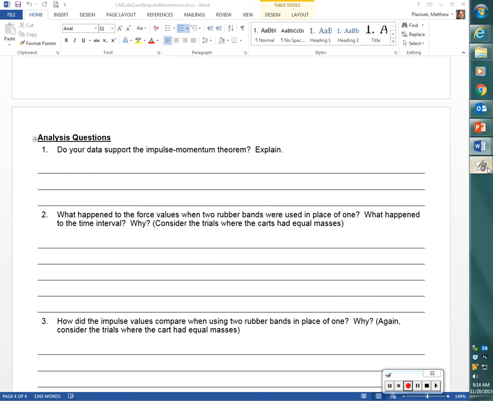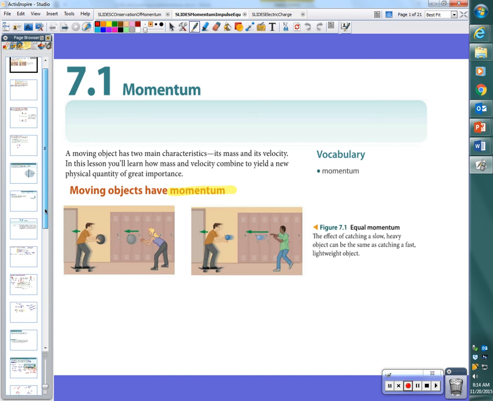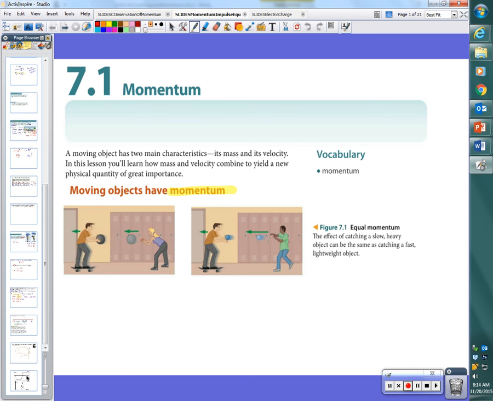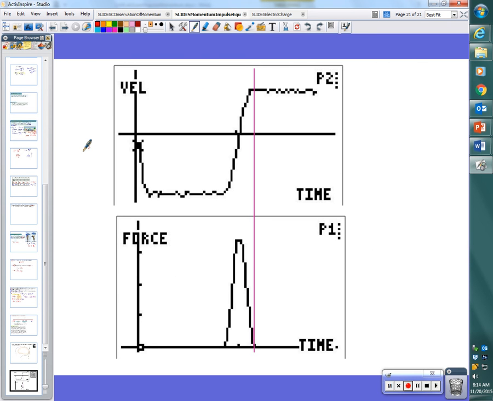And so, pardon me for my low-tech graphics. I really thought I had a better picture of these than what I'm going to show you, but you saw some graphs that looked a lot like this in your lab, right? They're much better than this, but anyway. So here, velocity graph on the top, force graph on the bottom.